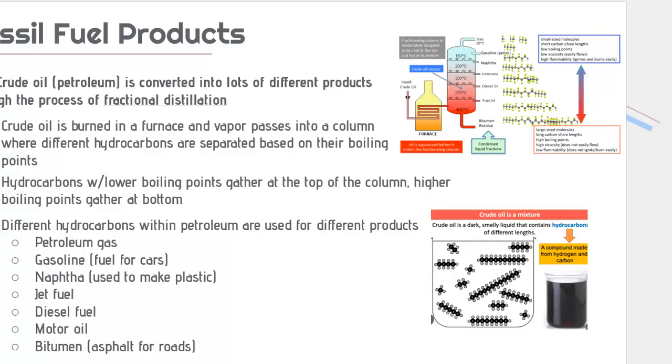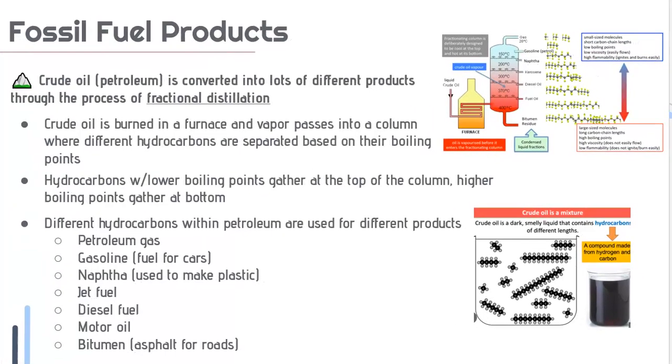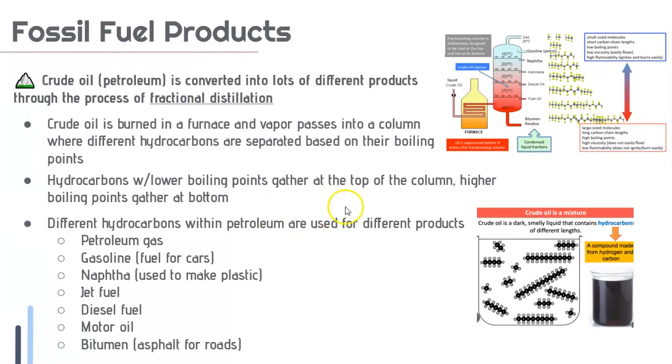Now, both tar sands and crude oil have to be refined. What does that mean? Well, this picture right here kind of shows you what a liquid cup of crude oil looks like. It's got all these long chain hydrocarbons. This one has one carbon, that's methane. This one has 1, 2, 3, 4, 5 carbons, that's pentane, and on and on.